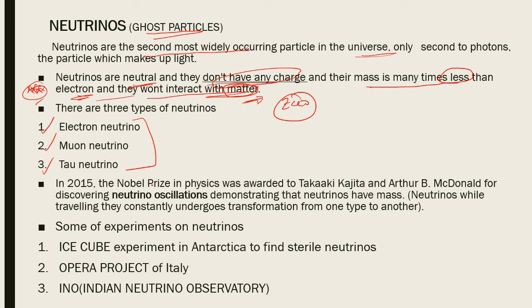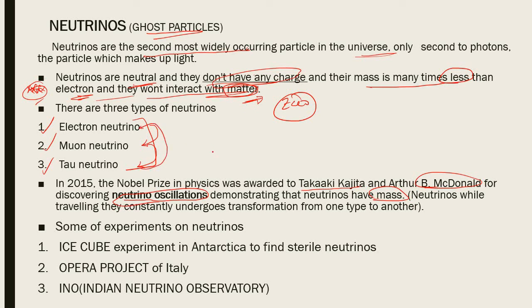So in 2015, the Nobel Prize was awarded to Takaaki Kajita and Arthur B. McDonald for discovering neutrino oscillation, demonstrating that neutrinos have mass. What they discovered is that, while traveling, an electron neutrino can be converted into a muon neutrino, a muon neutrino can be converted into a tau neutrino, and a tau neutrino can be converted into an electron neutrino.